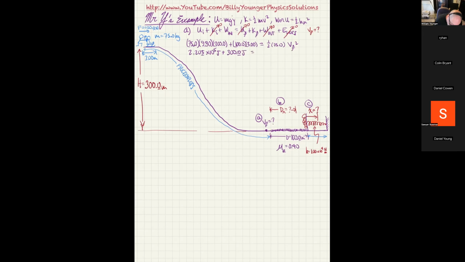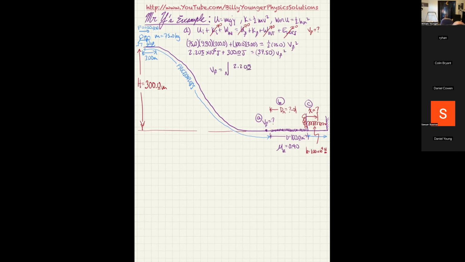And then that is equal to 1/2 of 75 is 37.50 times V final squared. So that gives me V final is equal to the square root of... Now I'm going to take the 2.208.